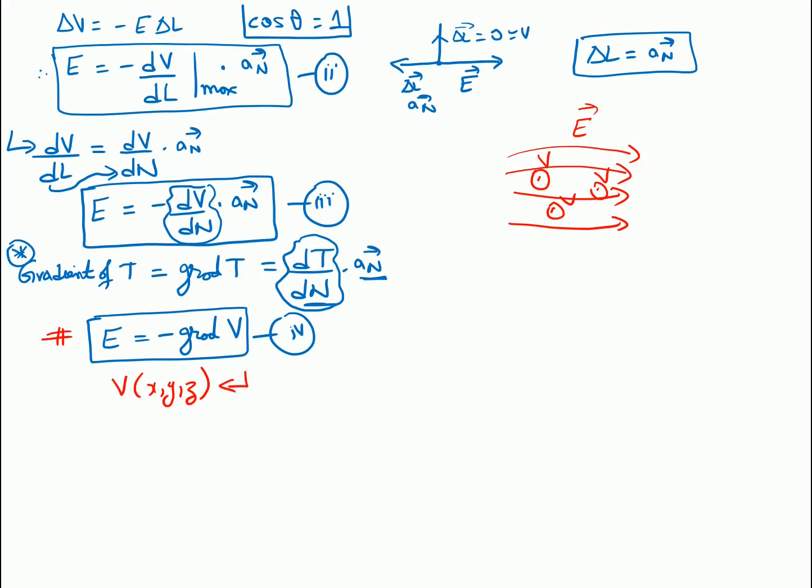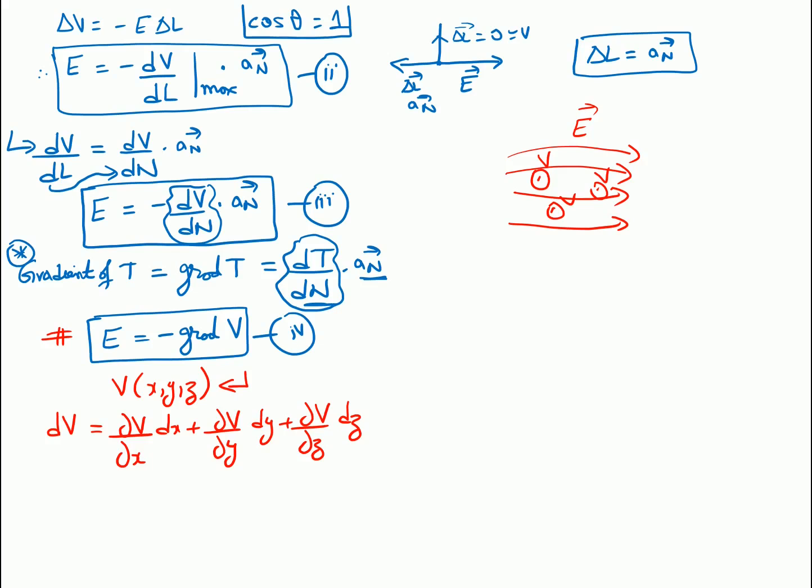Which means that V can be represented as a small or incremental change, and if it is a function of multiple variables, then it is represented as a partial differentiation. So dV can be written as partial V by partial x along dx, plus partial V by partial y along dy, plus partial V by partial z along dz. This is how we can write the equation.